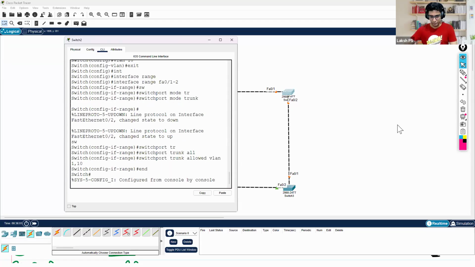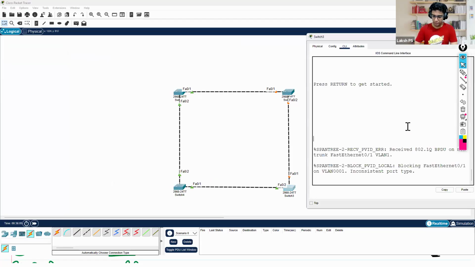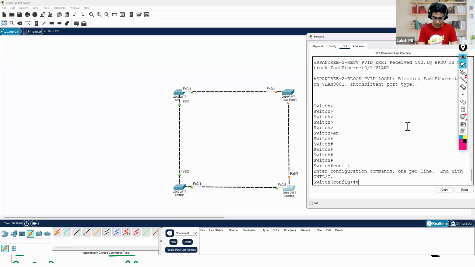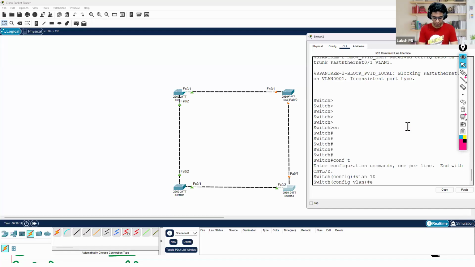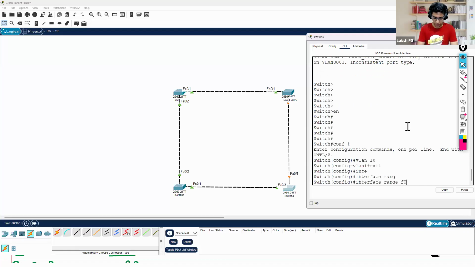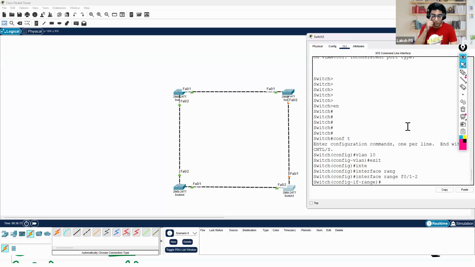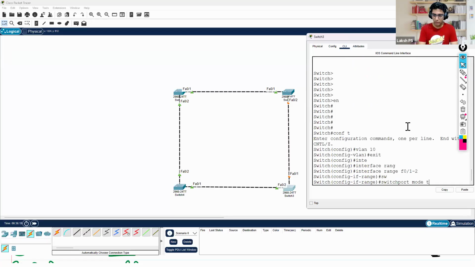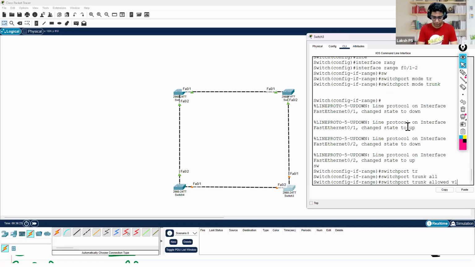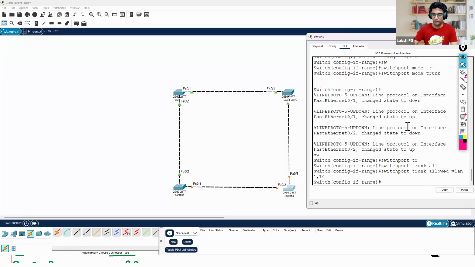And now the same for switch number 3 as well: enable, configuration terminal, VLAN 10, exit, interface range fast Ethernet 0/1-2, switchport mode trunk, switchport trunk allowed VLAN 1,10.